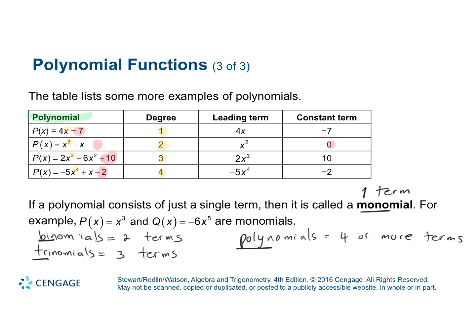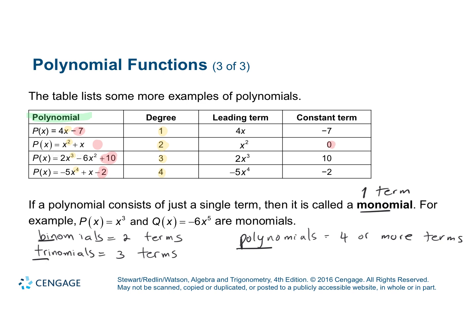Poly means more than 3, so 4 or more. Please keep that in mind. You saw this at some point during algebra. If you didn't remember, that's why I mentioned what each prefix means, so you know what monomial, binomial, trinomial, and polynomial mean.